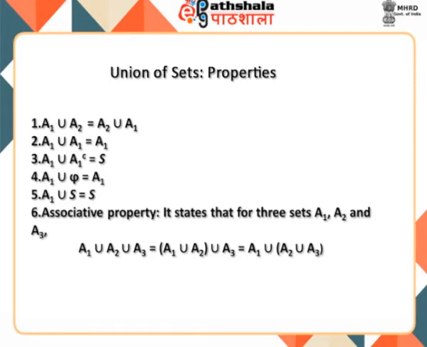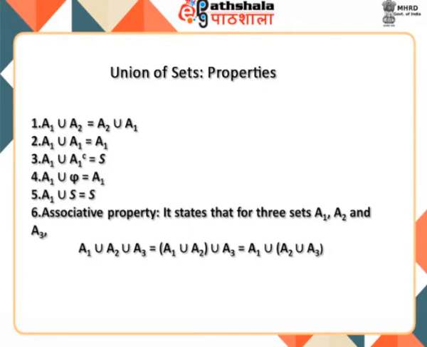A1 union A2 is equal to A2 union A1. 2. A1 union A1 is equal to A1. 3. A1 union A1 complement is equal to S. 4. A1 union phi is equal to A1. 5. A1 union S is equal to S.